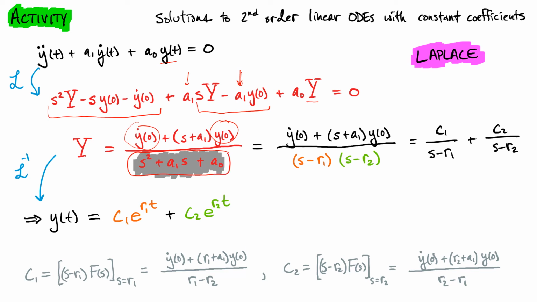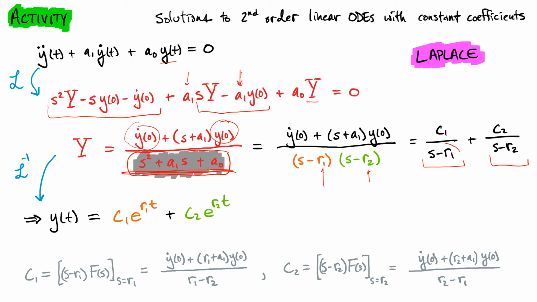Because when we separate this into our different partial fractions, we want to get two terms that look like s minus r1, s minus r2, where r1 and r2 are just like what we had before, the roots of this polynomial. And again, using the quadratic formula gets you there.